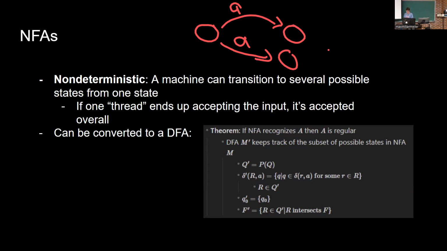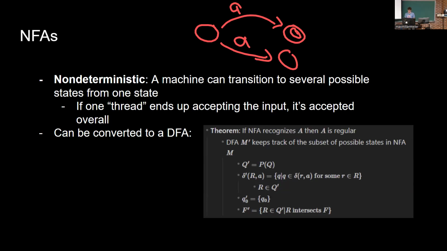So the transition function, instead of being given a character and a state and giving you another state, lets you branch to multiple states from one state. And the idea is that even if only one thread reaches an accept state, the input string is accepted overall.